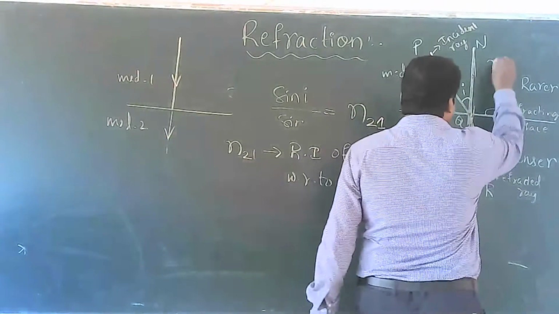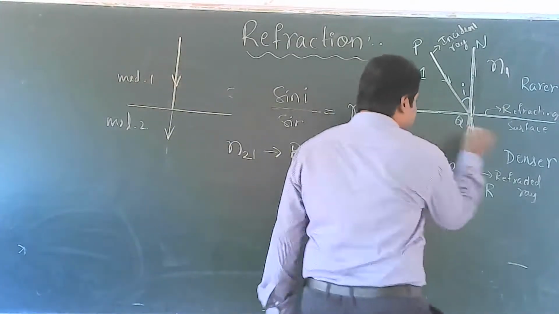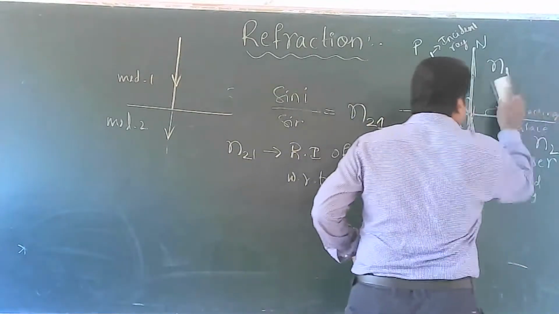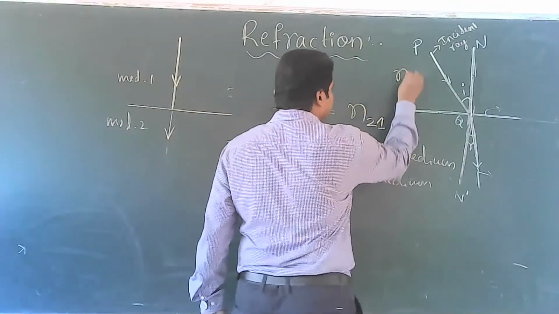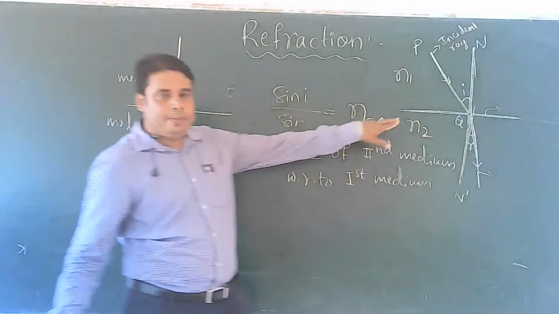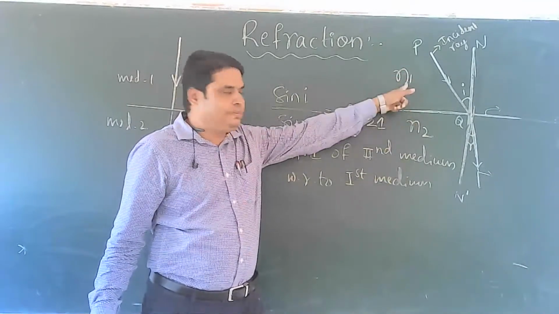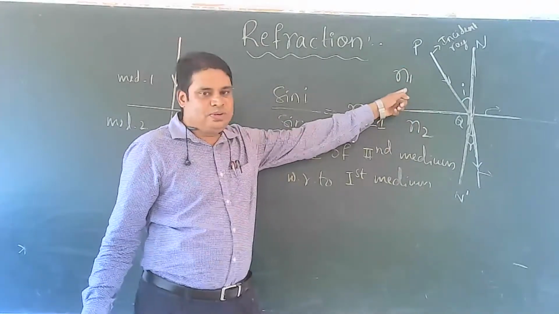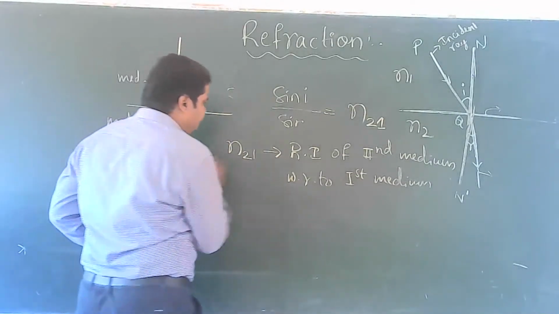So this is N1, the first medium. Now you can understand that. This is N2. Okay, let's write somewhere here. This is N1, the first medium, then this is N2. Now, N21 represents the refractive index of the second medium with respect to the first medium. Let me repeat: the refractive index of the second medium with respect to the first medium is written as N21. Correct? Okay.